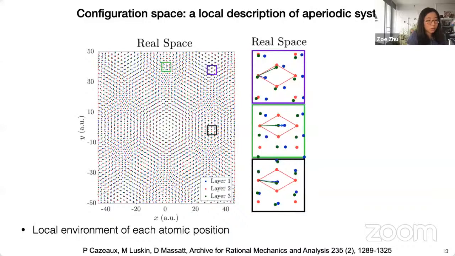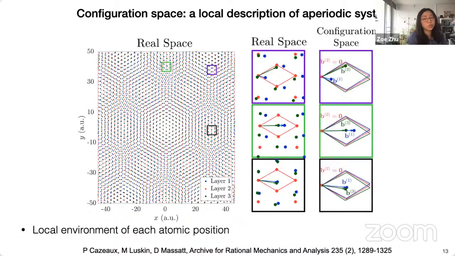Now to describe the position of the red atom, you can draw two vectors from the red atom to the blue and green atoms of the other layers. These two vectors form a configuration space that uniquely describes the position of this atom in layer 2. Note that technically there is a third vector, but it starts from the red atom itself and goes back to itself, so this vector is always 0.